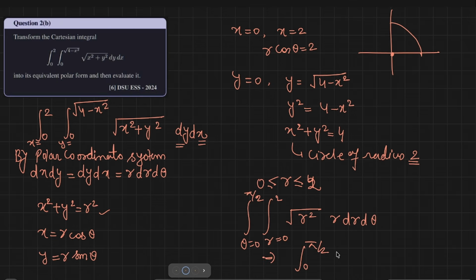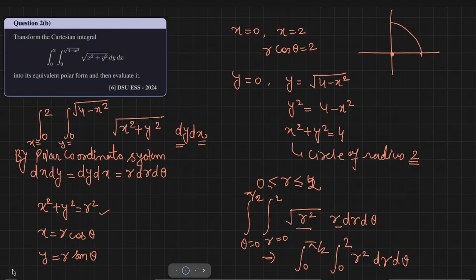So what is your integral? 0 to pi by 2, this is 0 to 2, and this r square will be r, and r will be r square, so this is r square dr d theta. Now first of all you do the integration with respect to r, and then solve the integration with respect to theta.